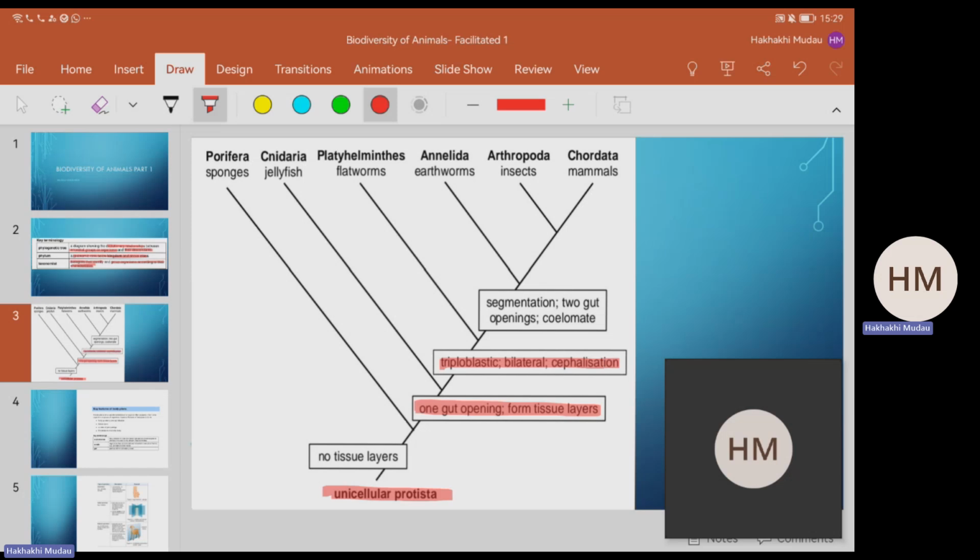And then it also develops cephalization. And then we move to the Platyhelminthes, of which the example is flatworms. After that, there's something called segmentation, and they have two gut openings and they're coelomate. I'm going to explain what all this means as we go through the lecture. Then we have Arthropoda and Chordata.